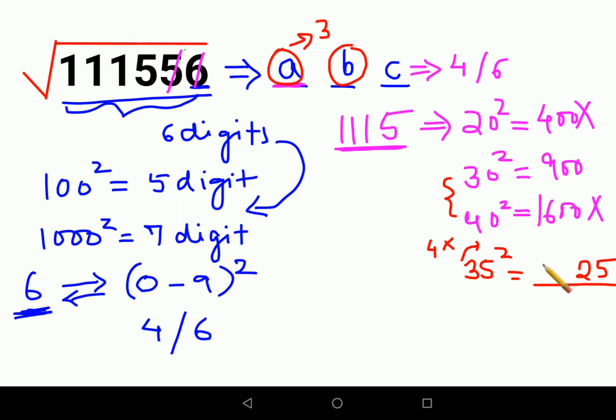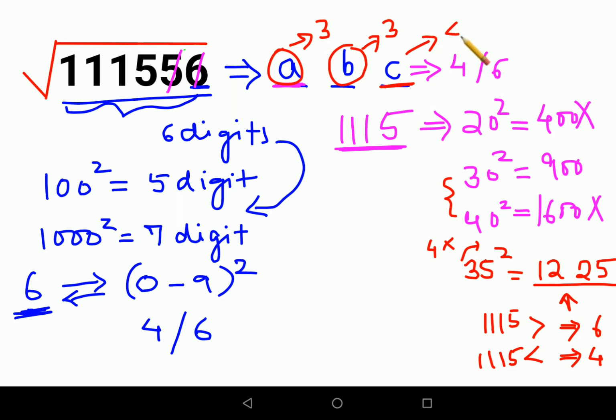So 3 into 4 gets you 12. Now see, if this answer was greater than 1115, then you would have selected the higher value between 4 and 6, that is 6. But since it is lesser, you will select the smaller value, which is 4. So the value of A comes out to be 3, and the value of C is nothing but 4.